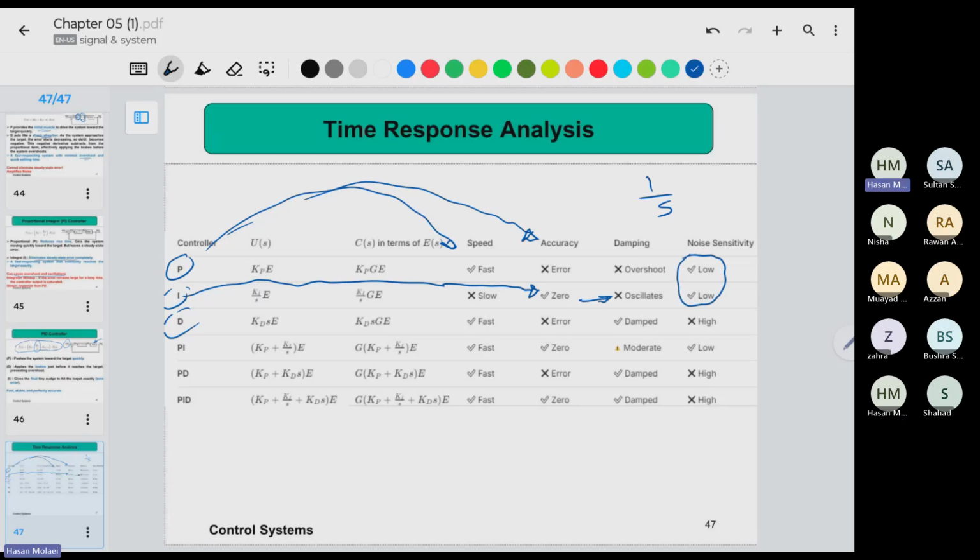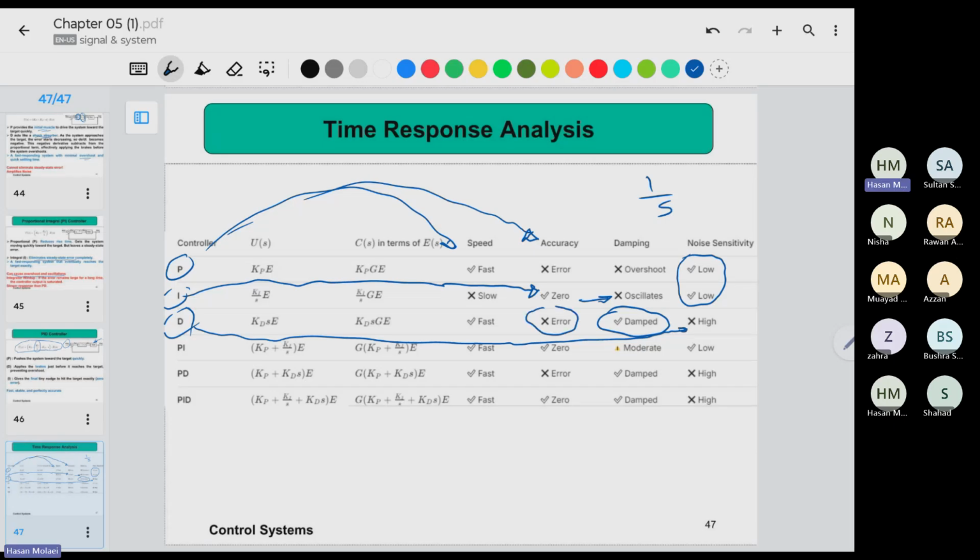The derivative is kind of sensitive to noise, because it amplifies the high frequency noise. But on the other hand, it makes the system a bit more stable because it slows down the system at the final stage when it's settling down.